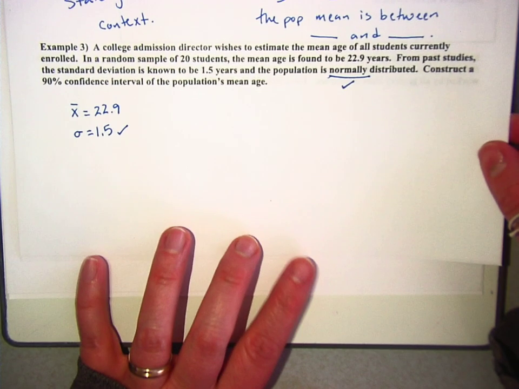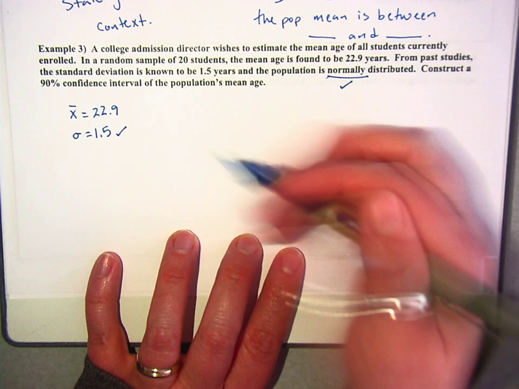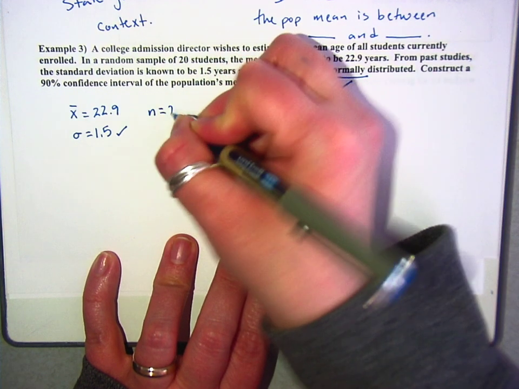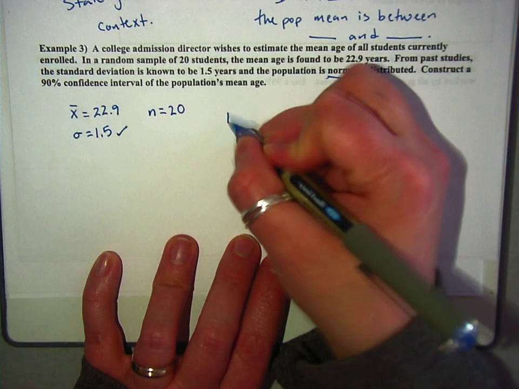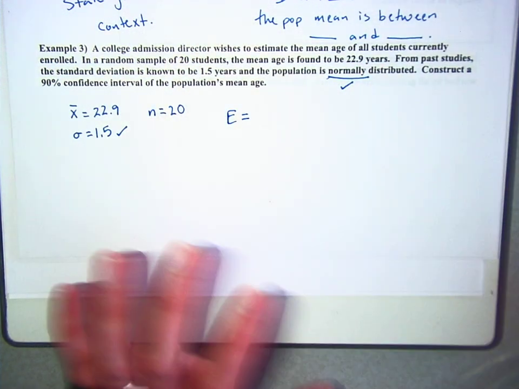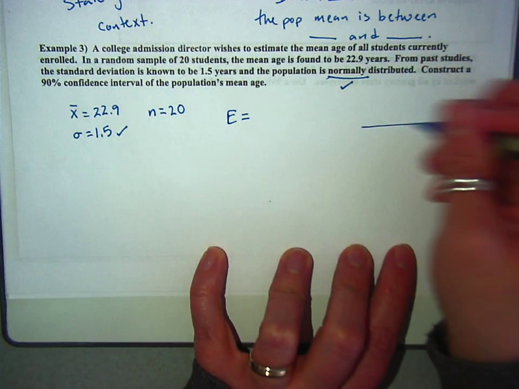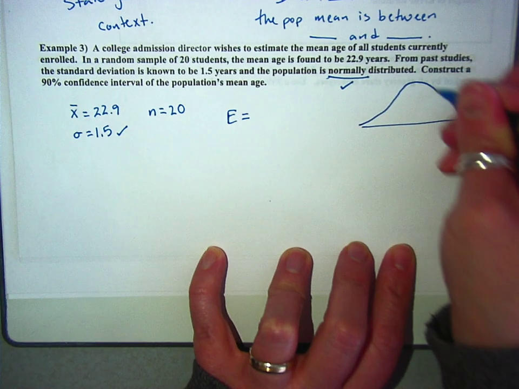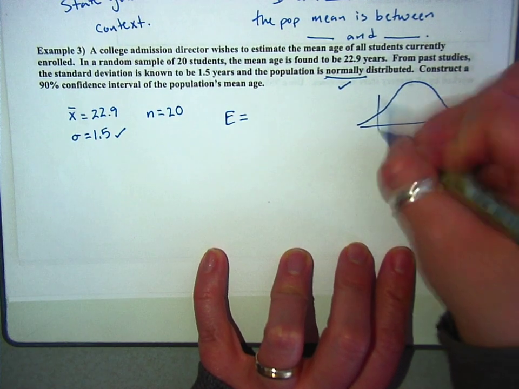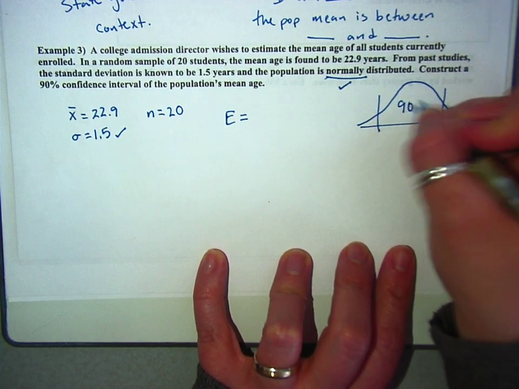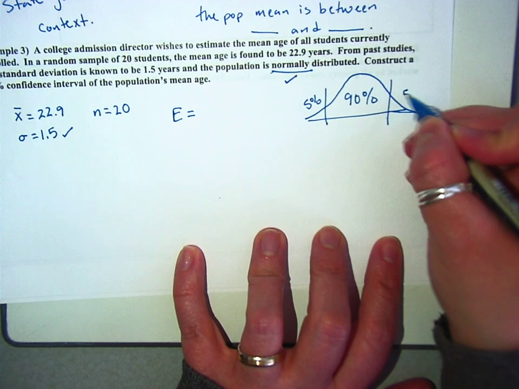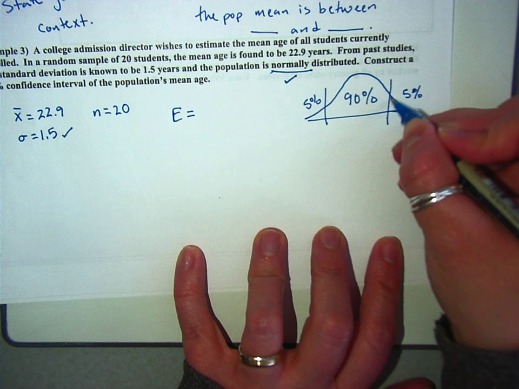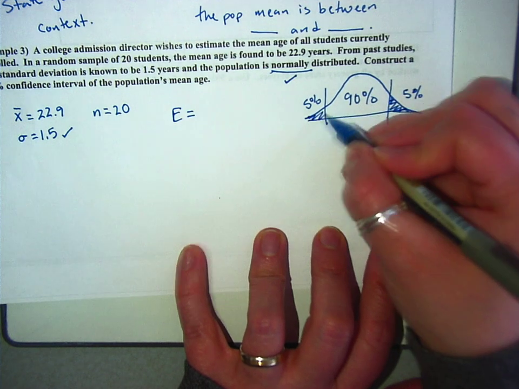All right, so next step, step number 2. N is 20 and x bar is 22.9. Find the margin of error. All right, so E equals, remind me, I know that there's a little corner part of your paper that tells you exactly what it is for 90%. But let's say 90% was in the middle. There'd be 5% on either side. So what should we look up in the table? 0.05 in the middle of the table.